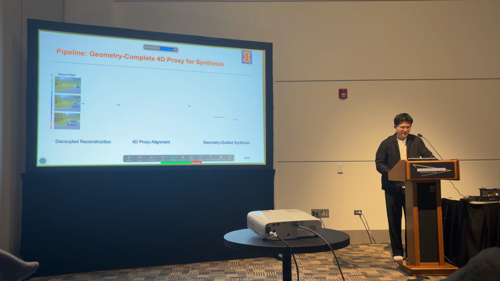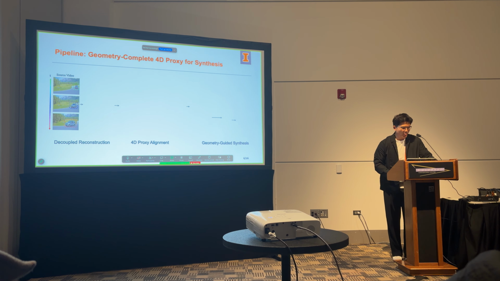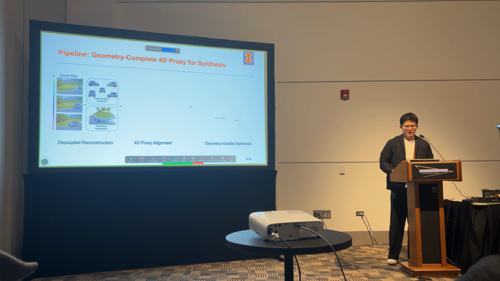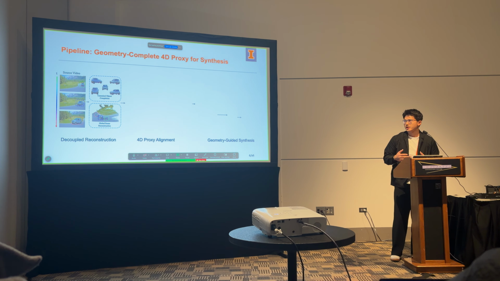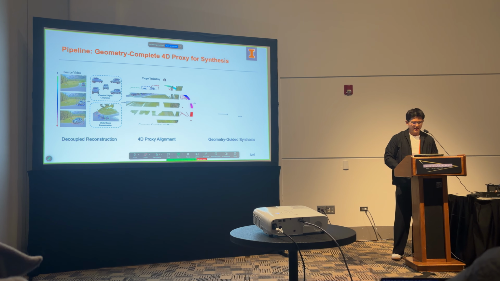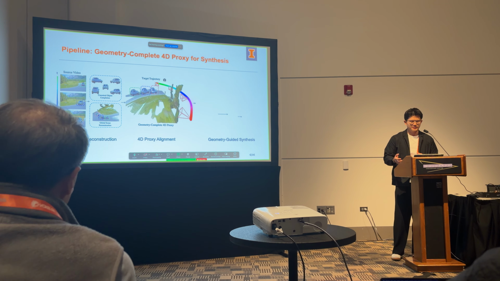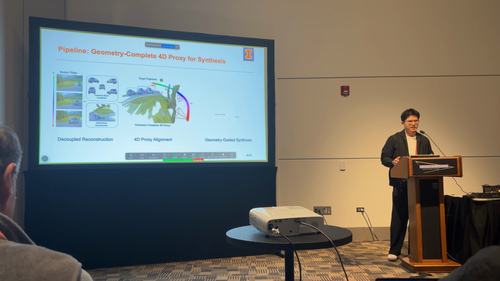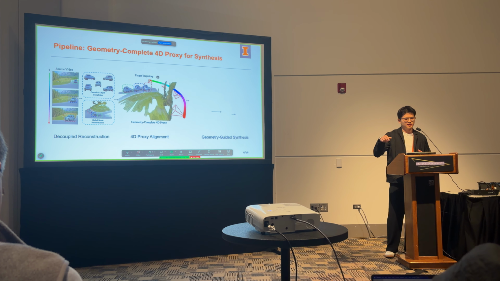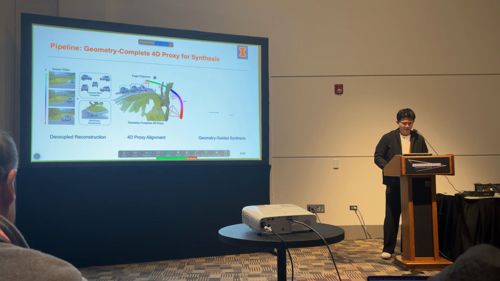So at a high level, our pipeline has three stages. The first one is the decoupled reconstruction. Here we have the background reconstruction together with the foreground object completion. And then in the second stage, we align them together to get a 4D proxy. In this phase, you can arbitrarily define your wished target camera trajectory.